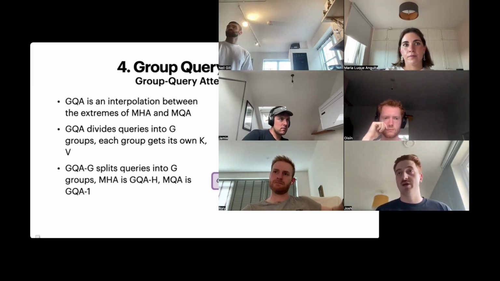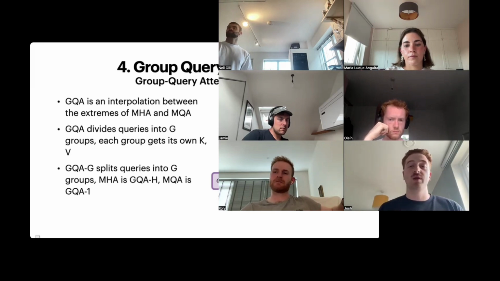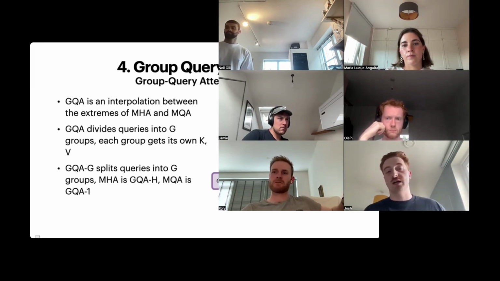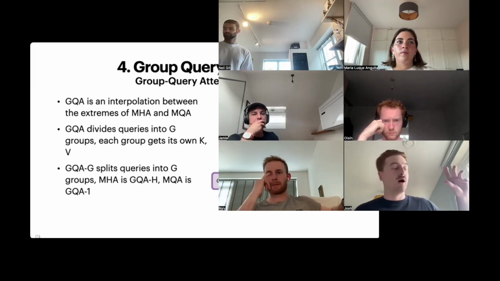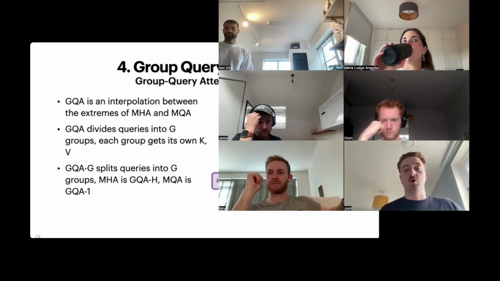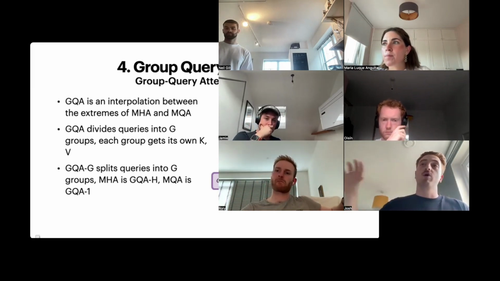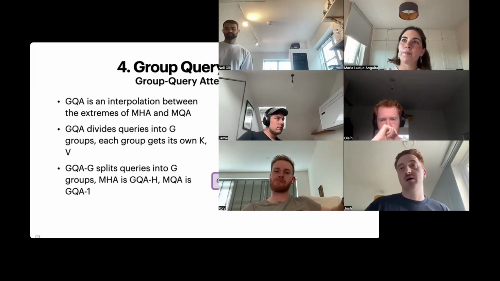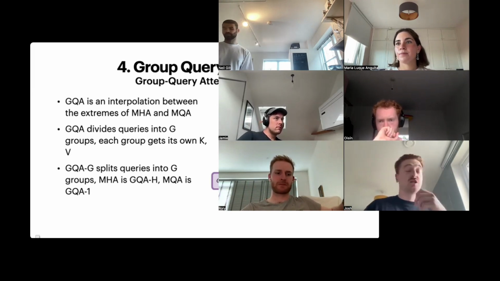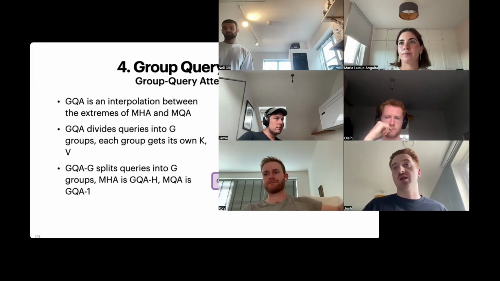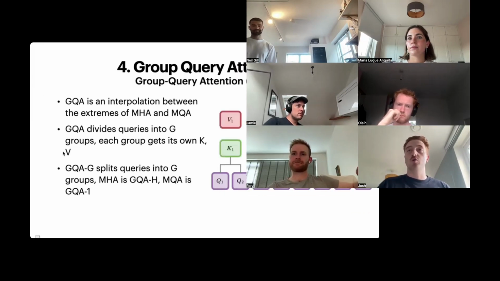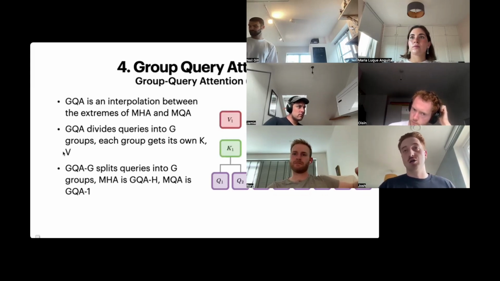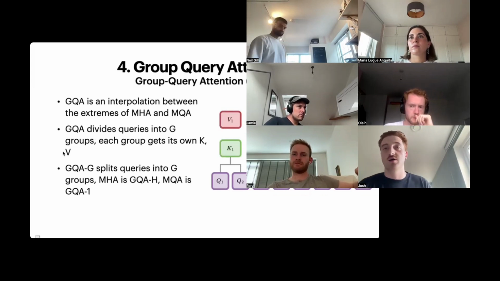So what grouped query attention is, is an interpolation between both of these extremes. Multi-head attention is super performant but requires a lot of memory. Multi-query attention has only one key-value pair for all the heads, but its performance goes down. With GQA, you divide your queries into G groups, and each group gets its own key-value pair, where G is a hyperparameter you can decide on.